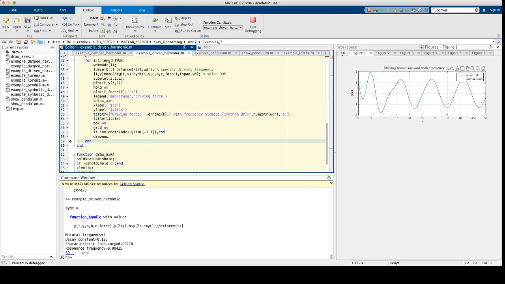So in the upper plot we see the solution in blue, the sinus driving force in red dotted. Okay, so the driving frequency is 0.5.